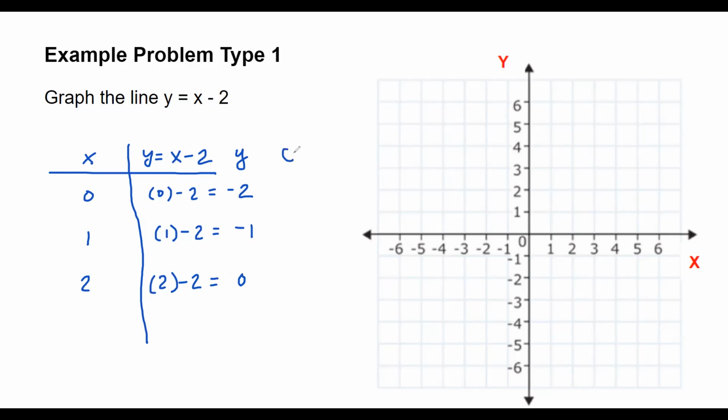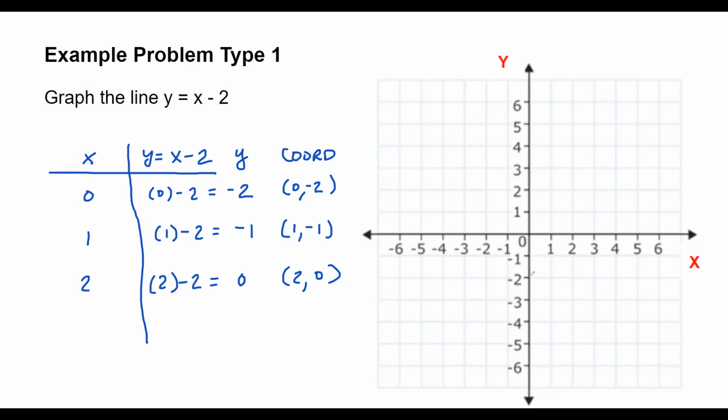But our whole purpose of doing this was to get 3 coordinates. So what are our 3 coordinates here that we found? Well, the first one is 0, negative 2, 1, negative 1, and 2, 0. Let's plot those 3 points.